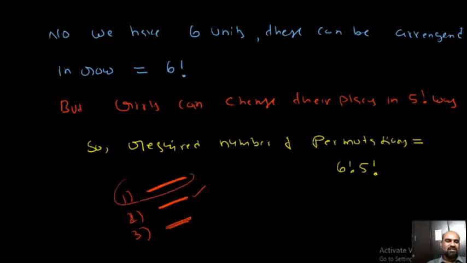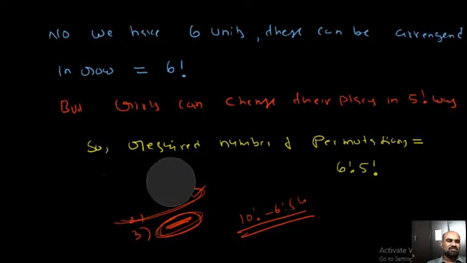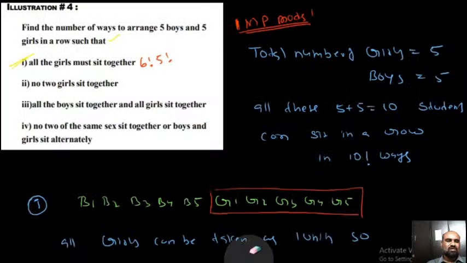I already explained all girls come together. All girls never come together means total permutations minus the permutations where girls come together. Total permutation is 10 factorial. All girls come together is 6 factorial into 5 factorial. So 10 factorial minus 6 factorial into 5 factorial gives all girls never come together. But how to find the answer for no two girls come together? That is the interesting thing. I will explain that as my third one.